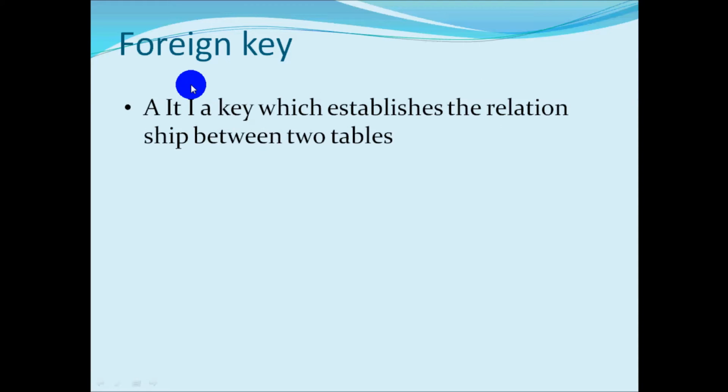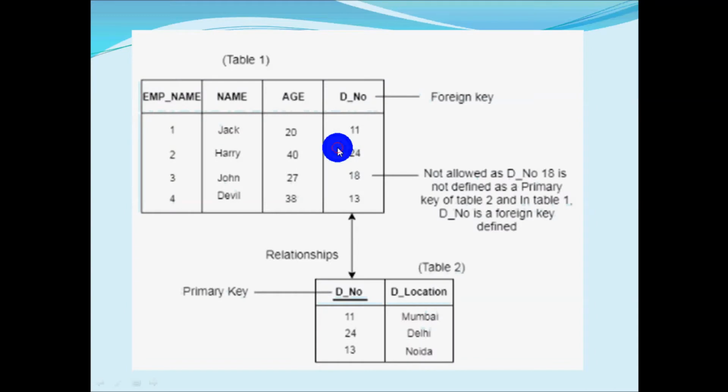So what is a foreign key then? Let's take a look at the foreign key also. It is the key which establishes the relationship between two tables. So how? Let's see. Suppose this is table 1 and this is table 2. Table 2 has this primary key.